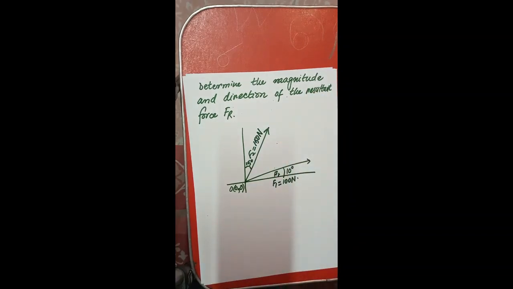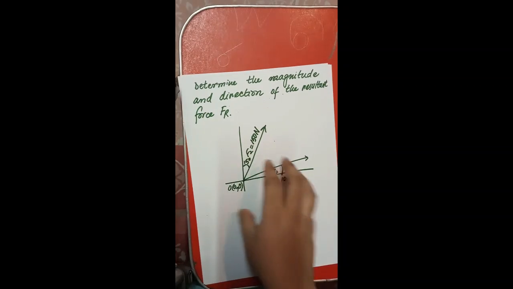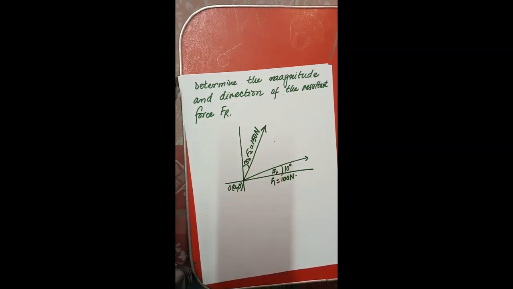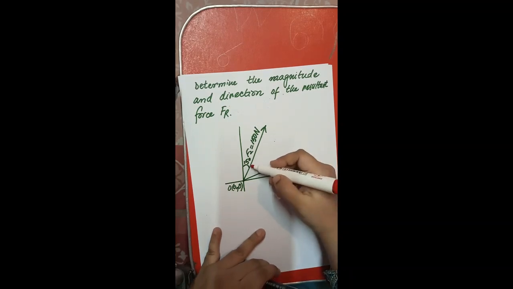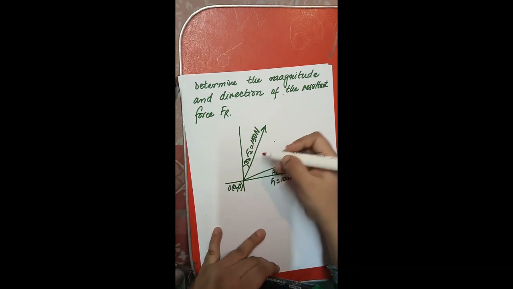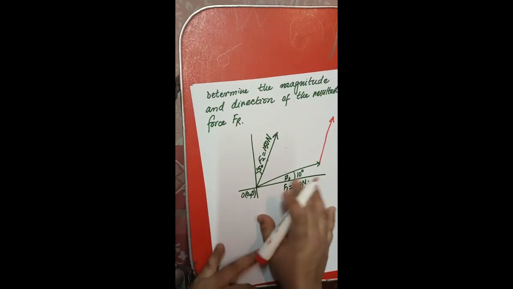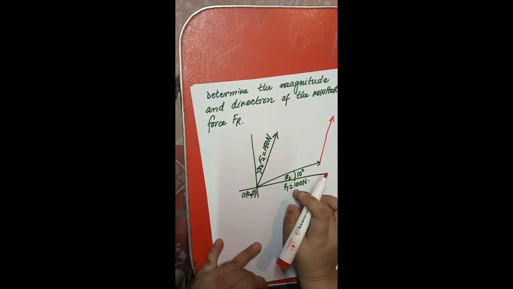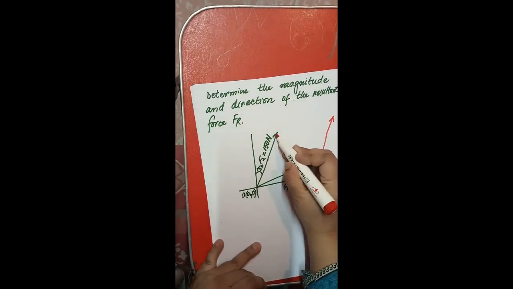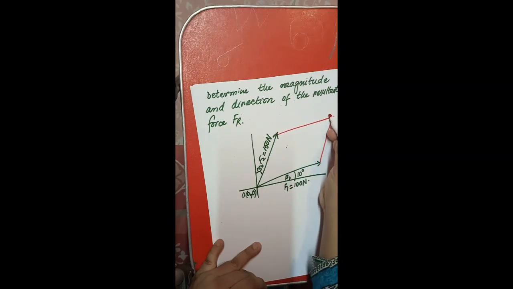What we have to do here? This is the question, and now we have to solve it. How can we solve it? We should draw a parallel line adjacent to the F2 force. So we will draw it like this, a parallel line opposite to F1 and with the same magnitude.